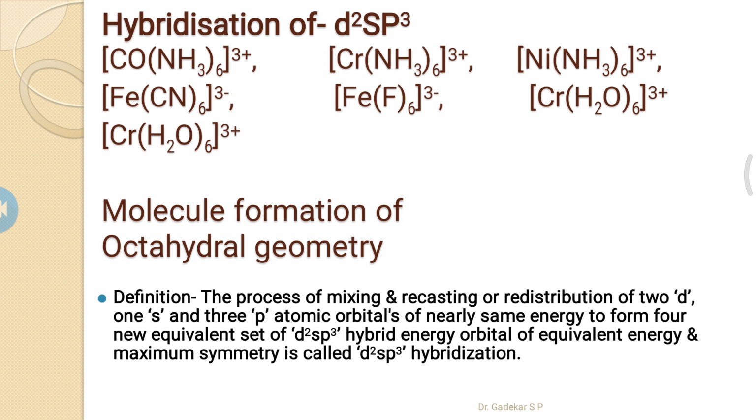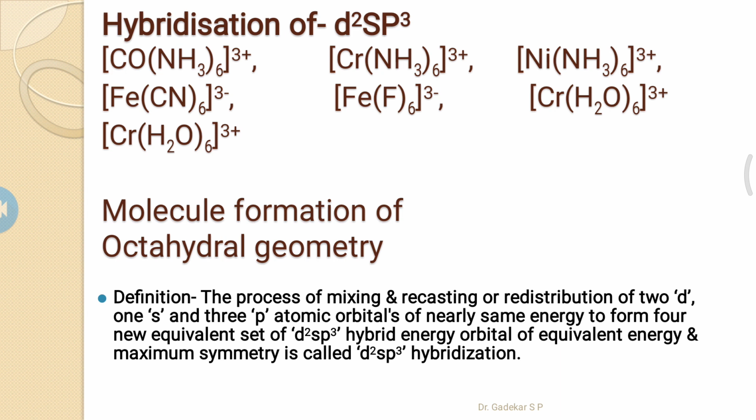Similarly, the hexaamine chromium complex, nickel hexaamine complex, hexacyano iron complex, hexafluoro iron complex, hexaaqua chromium complex. Okay, so these complexes form by using d2sp3 or sp3d2 types of hybridization.